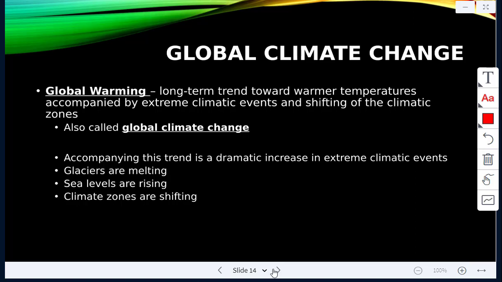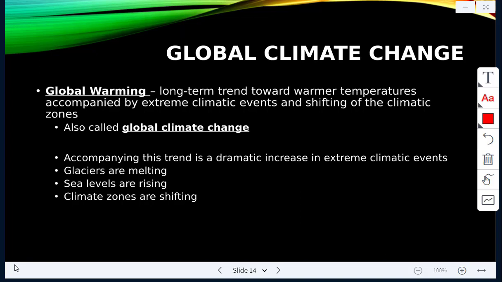The problem is the excessive amounts of burning fossil fuels, which is leading to global warming. And this is the long-term trend toward warmer temperatures accompanied by extreme climatic events and shifting of the climatic zones. It's also called global climate change.